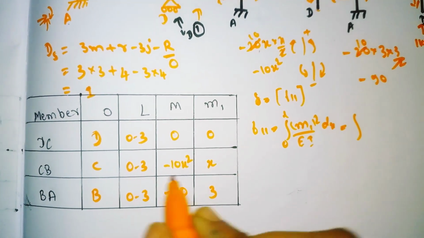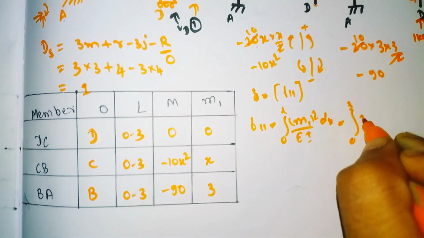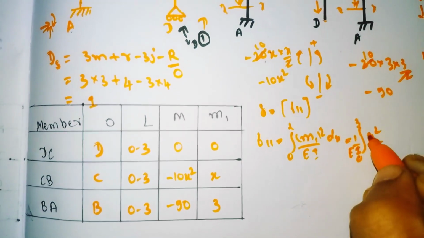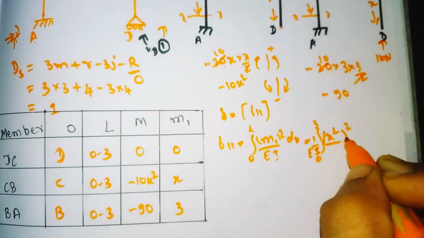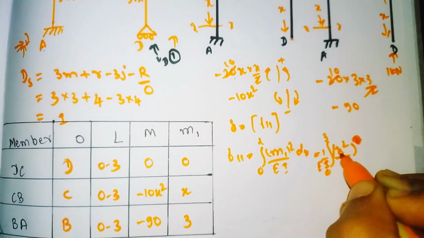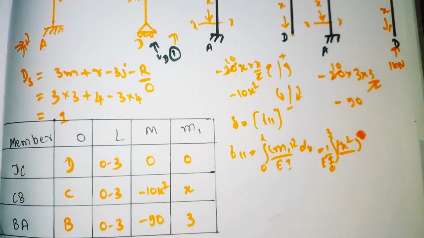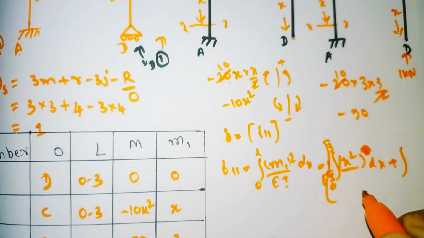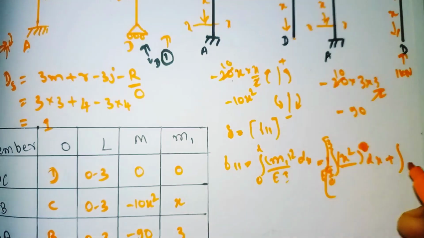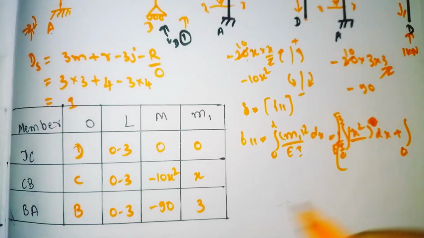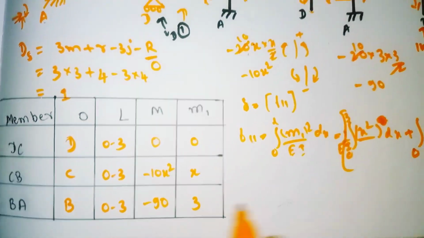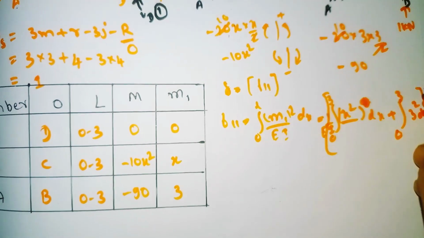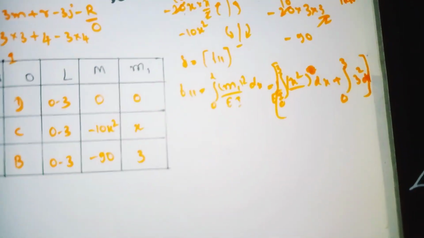For CB we have the limit 0 to 3, m1 is x, so x square into dx, plus, here also put the bracket. For BA we have the limit 0 to 3 and m1 is 3, so 3 square into dx. Now close the bracket. Now calculate it.